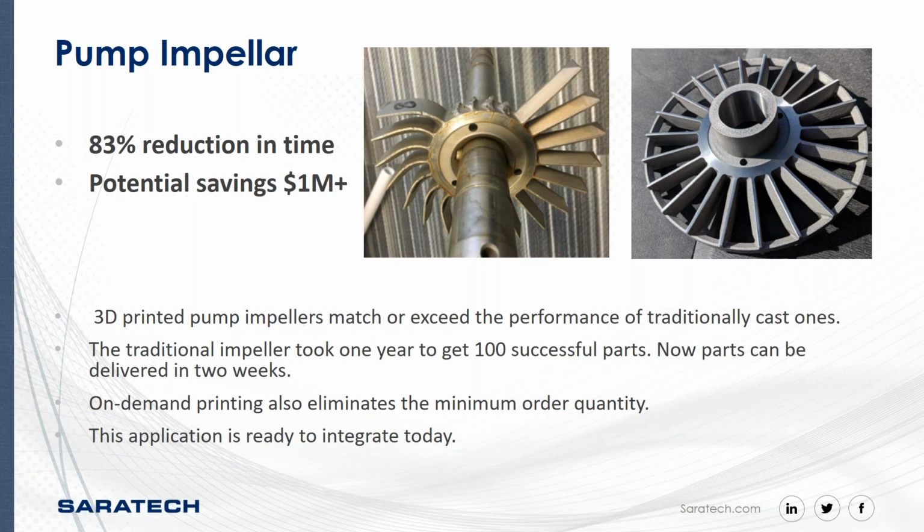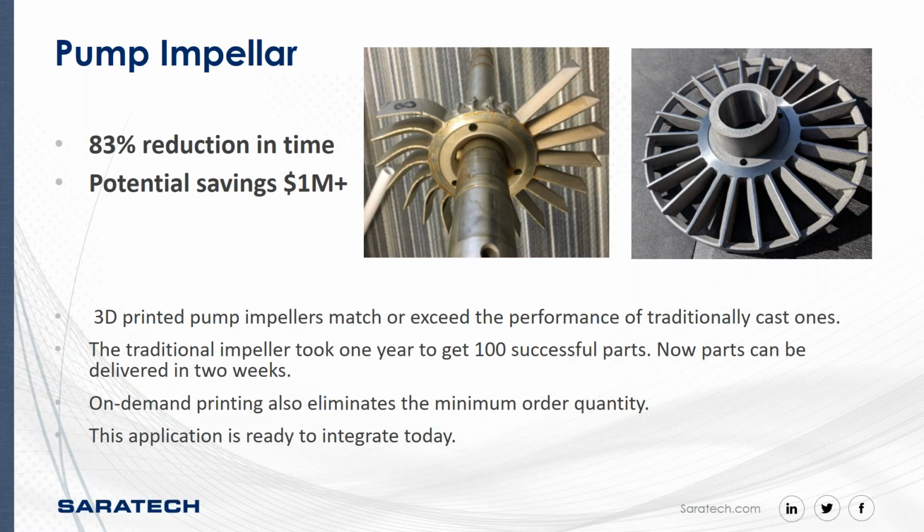Their message to us was, we're not really that worried about how much it costs to 3D print. We're more worried about the reliability and the structural integrity of the part. They were able to print these impellers, which actually exceeded the traditionally cast ones. Moreover, the traditional impeller took 1 year to get 100 successful parts, and now they can be delivered in 2 weeks or less.